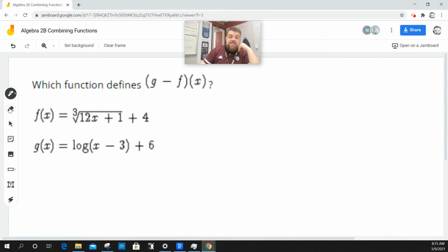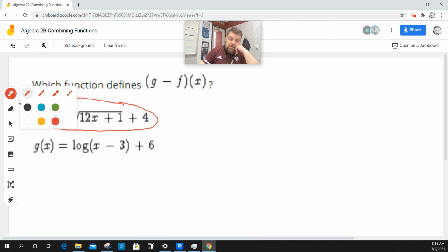So this says, which function defines g minus f of x? Well, I'm going to color code these. So this is f of x, and this is g of x. All right.